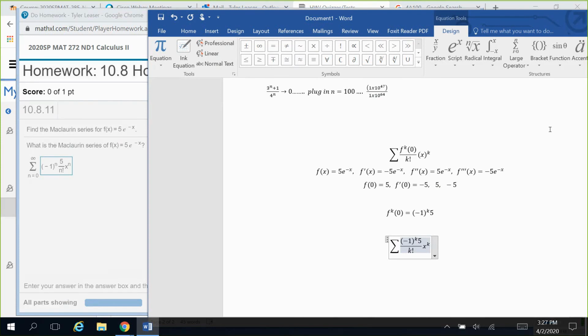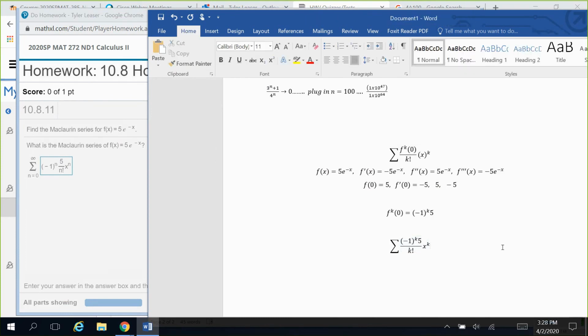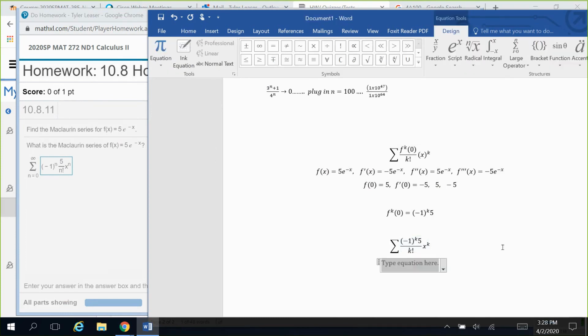And so the hardest part for these questions is just figuring out how to write your derivatives as its own kind of sequence value. But you don't have to do that for every question. Only when they want you to write it out like this. A lot of the times the questions are just going to want you to write out that Taylor polynomial thing, so the P sub n.